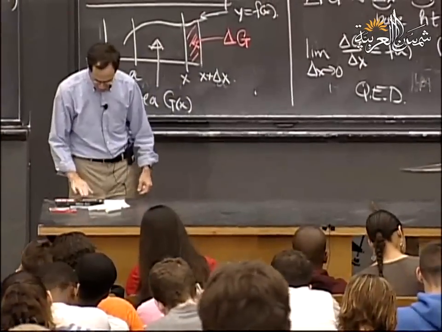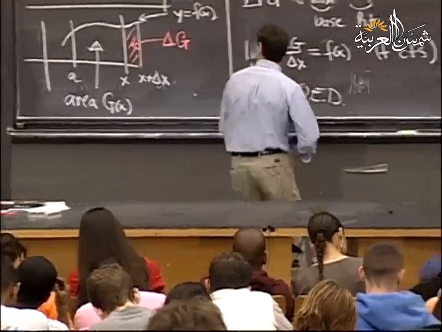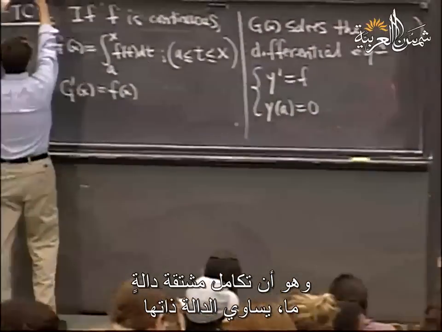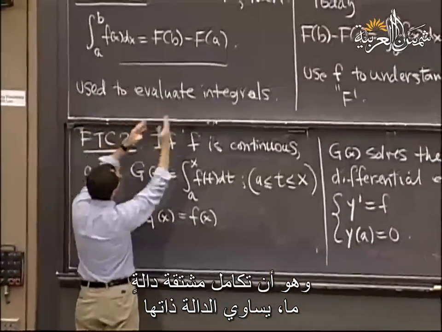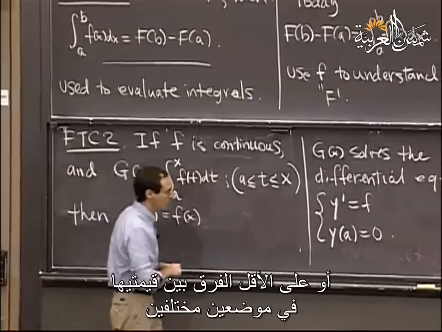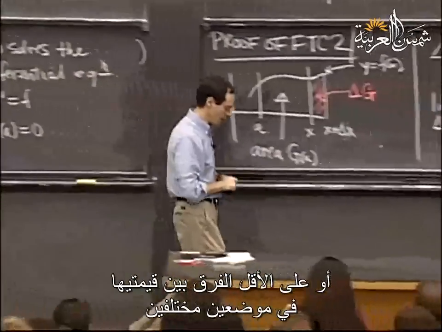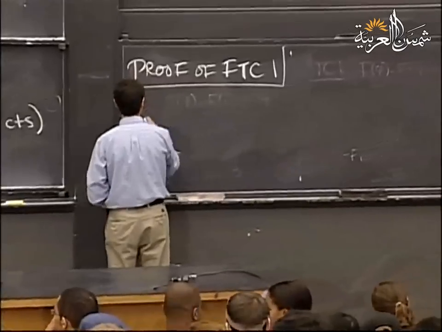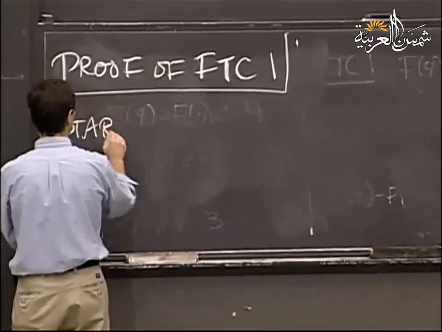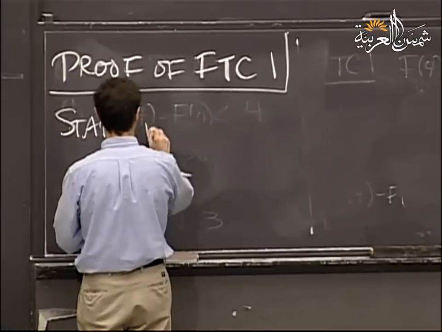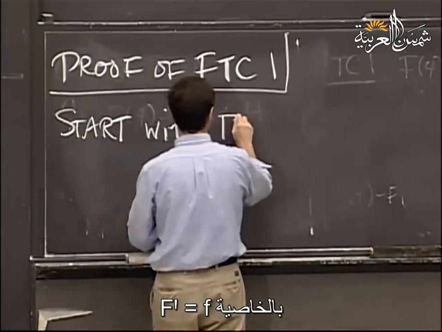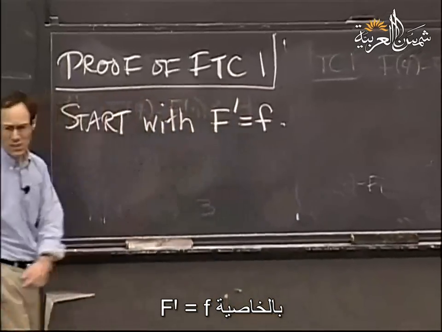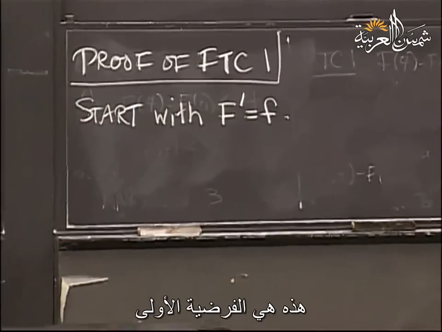So now, I still have it on the blackboard to remind you. It says that the integral of the derivative is the function, at least the difference between the values of the function at 2 places. So the place where we start is that with this property that f prime is equal to little f. That's the starting, that's the hypothesis.